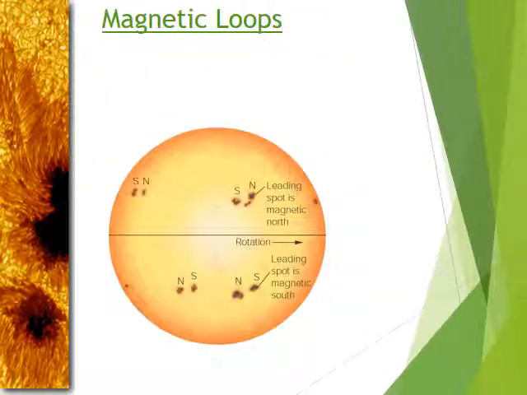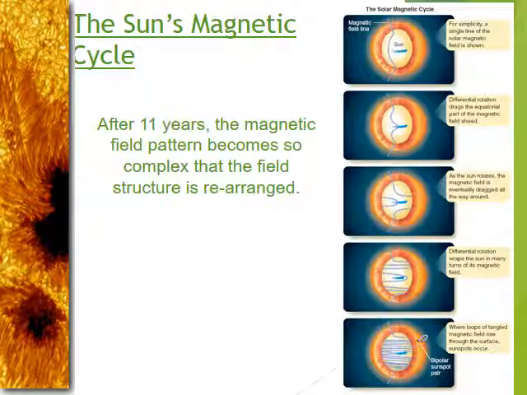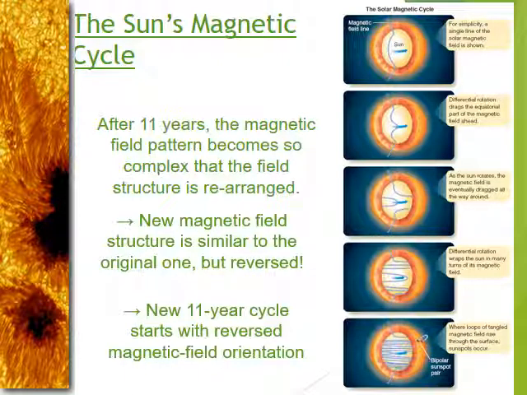Now it turns out that these fields can get rather complex over time as things start to loop around. And that's what we see here on this slide: over about 11 years, the magnetic field lines get so tangled that they essentially snap. This is what's called the Babcock Model.